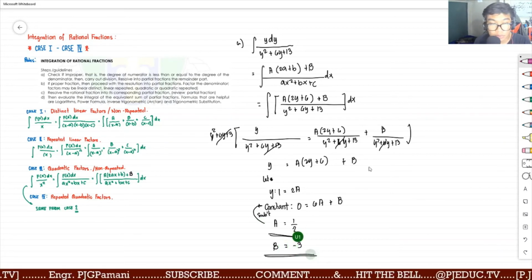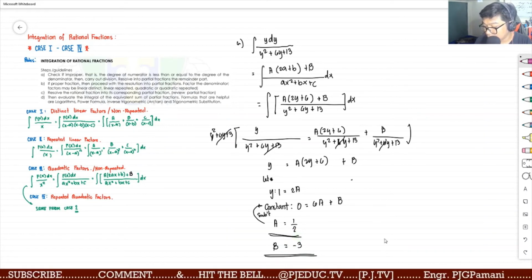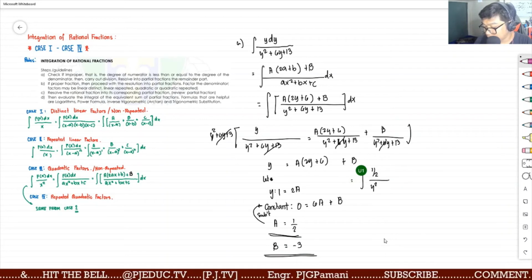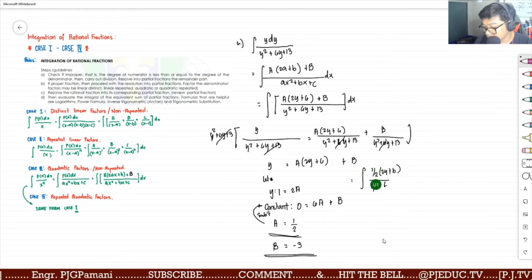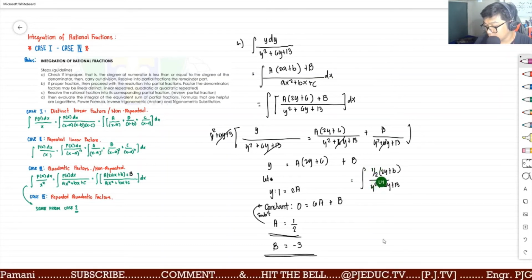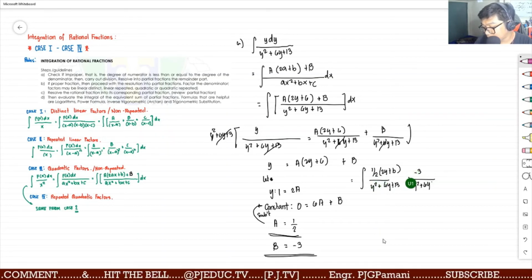Okay? So from that, substitute na lang natin here. 1/2 of y squared 2y plus b over y squared plus 6y plus 13 plus negative 3 over y squared plus 6y plus 13.